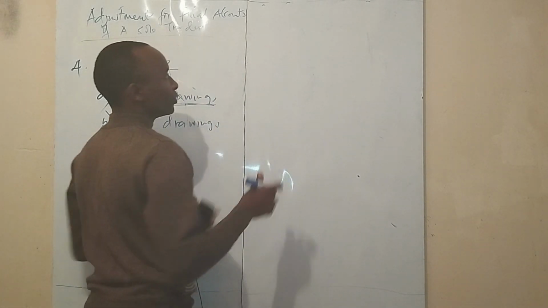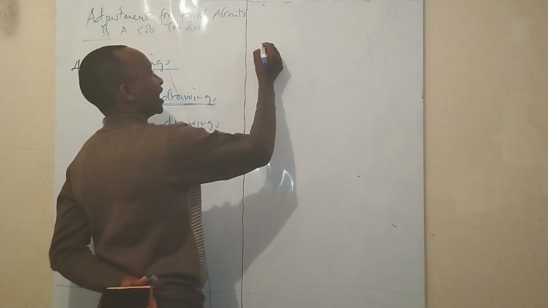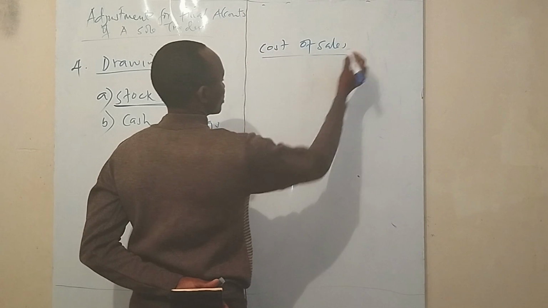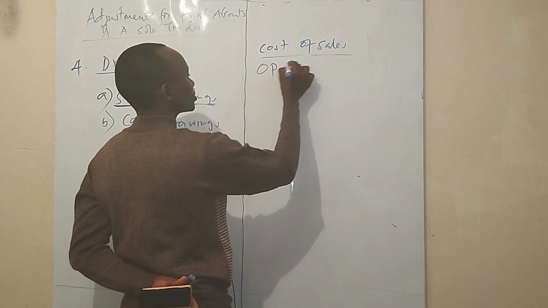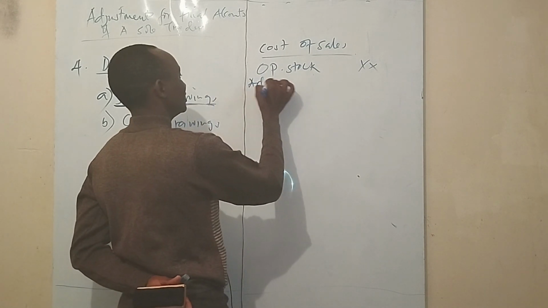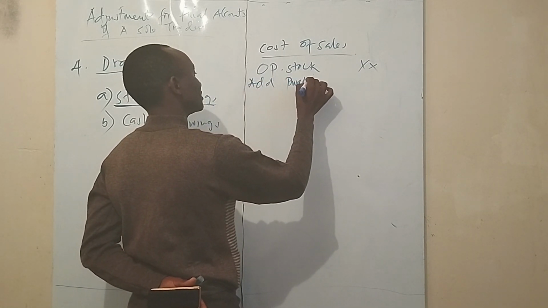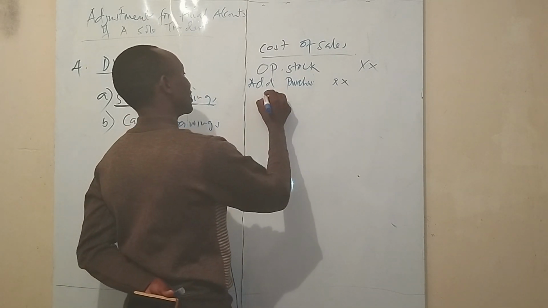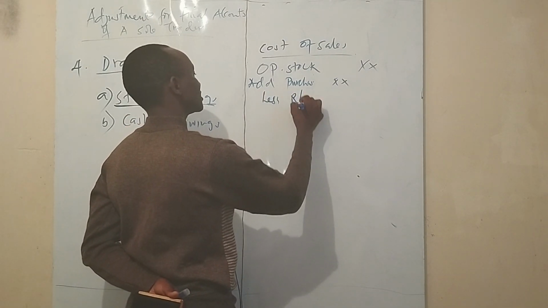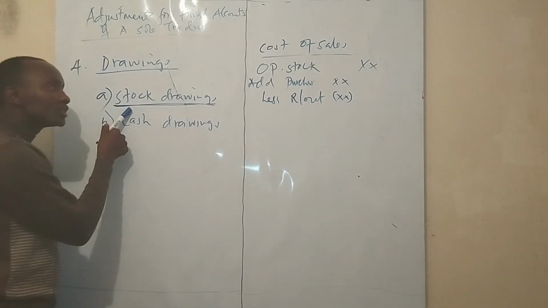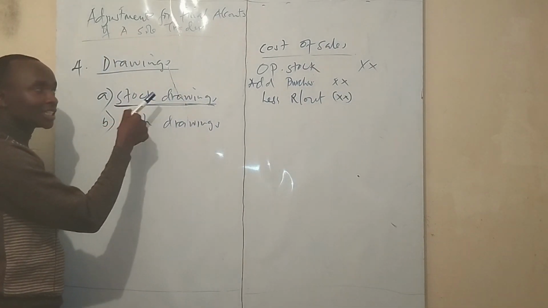We said when we are opening the income statement, under the cost of sales, we are saying the opening stock, yes, you add purchases, yes, these purchases, now you less the returns outwards on the purchases. And then since there is stock drawings, this is how to treat it in the income statement.